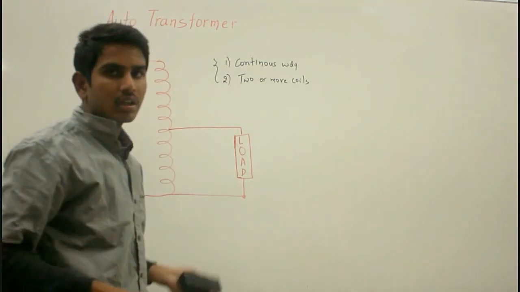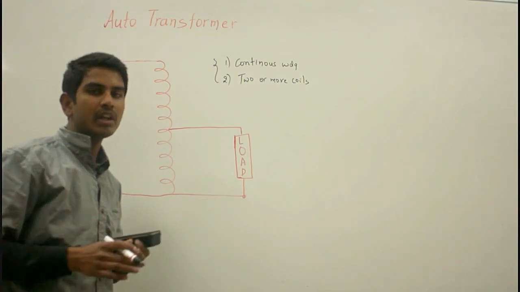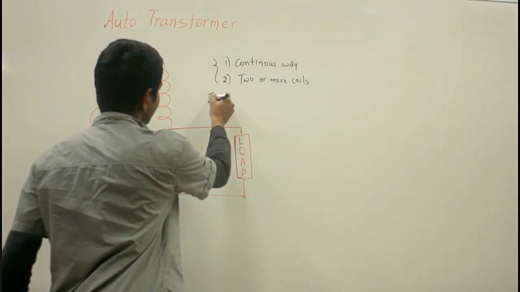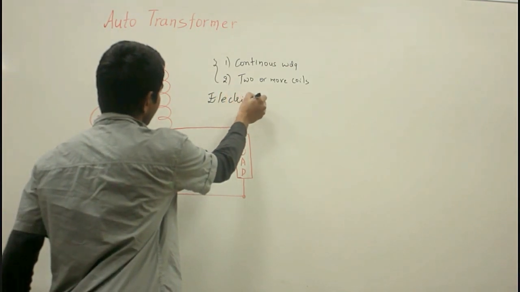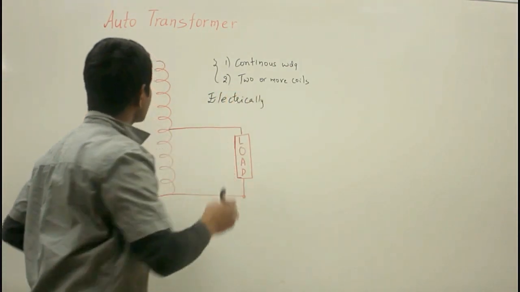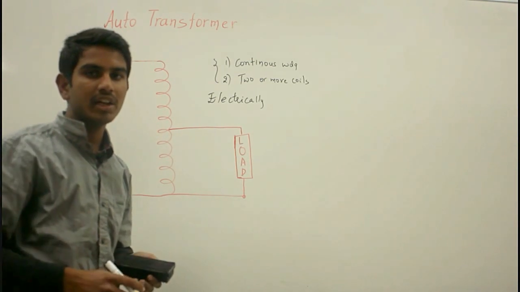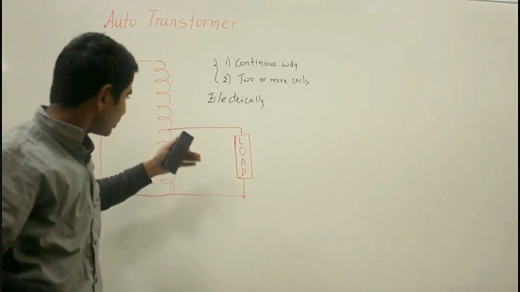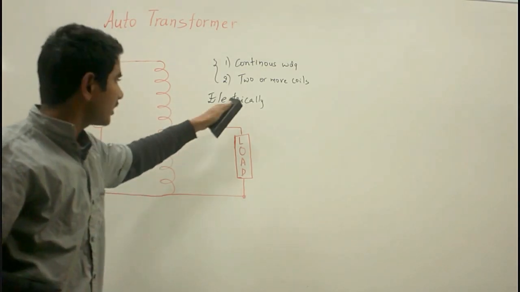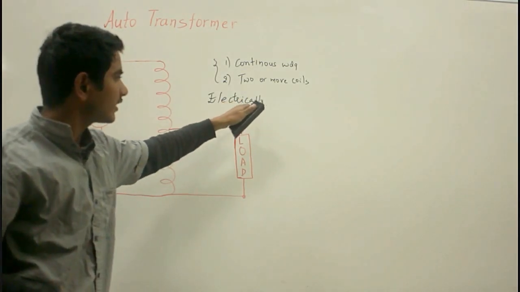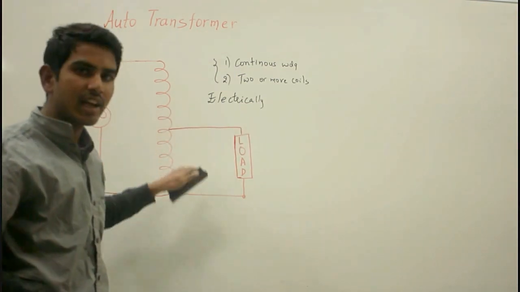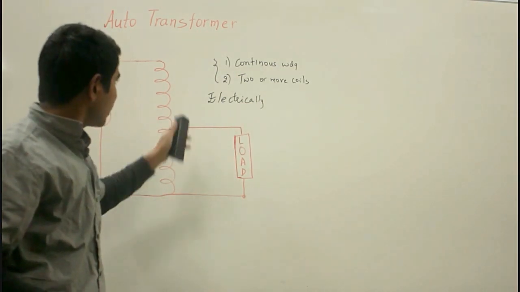In an ordinary transformer the primary and secondary windings are electrically insulated, whereas in the auto transformer the primary winding and the secondary winding are magnetically and electrically connected. In an ordinary transformer they are electrically insulated and magnetically connected, but here they are electrically and magnetically connected.